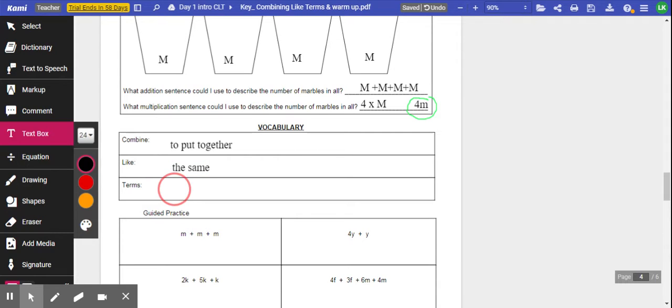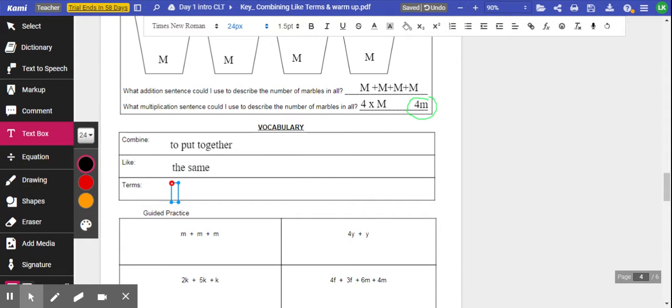And a term is the numbers or variables that are separated by, it's usually plus or minus signs. Occasionally it'll be division, but let's stick with plus or minus signs for now.